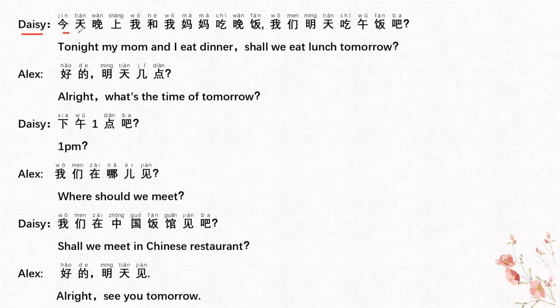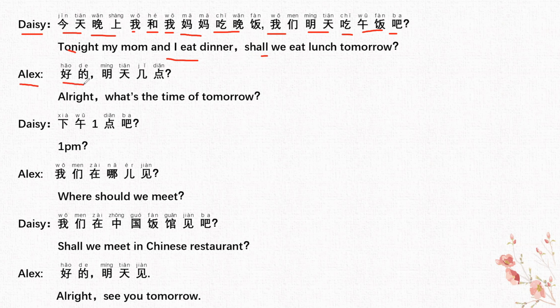Daisy, 今天晚上我和我妈妈吃晚饭，我们明天吃午饭吧。Tonight, my mom and I eat dinner. Shall we eat lunch tomorrow? Alex, 好的 Alright. 明天几点? What's the time tomorrow?